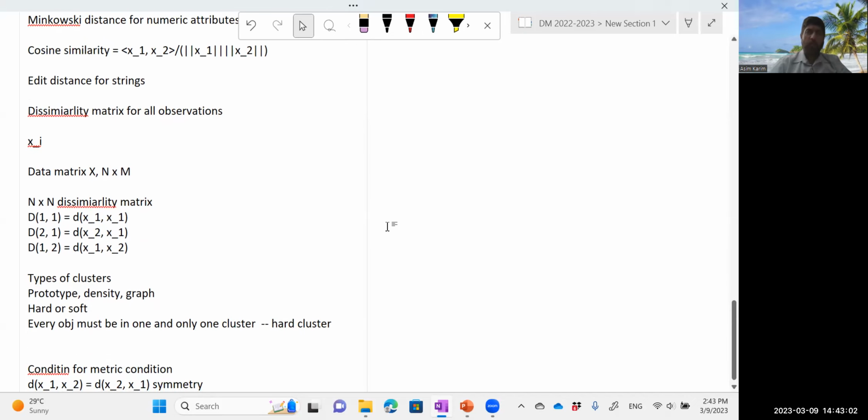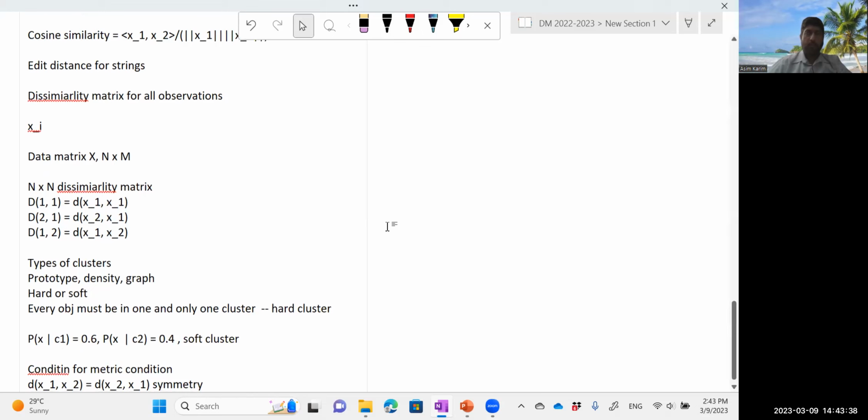So soft clustering में typically probabilistically होता है कि we say that cluster for object X so belongs to cluster C1 with probability 0.6 and it belongs to C2 with probability 0.4. ठीक है. तो हमने एक को exclusively assign नहीं किया X. We assigned it to both C1 and C2. So this would be soft clustering or soft cluster.